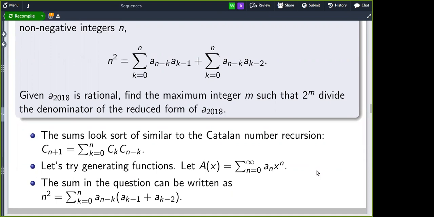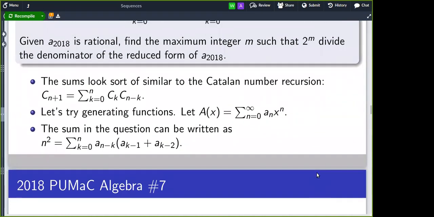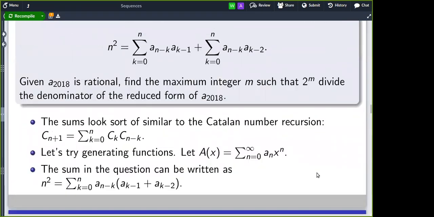And so does anyone have any ideas for what to do with this? Well, we can't just plug in Catalan because this sequence is not the Catalan sequence.